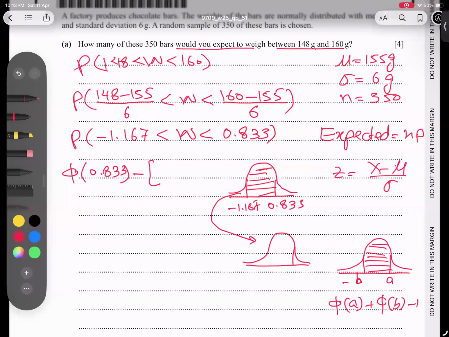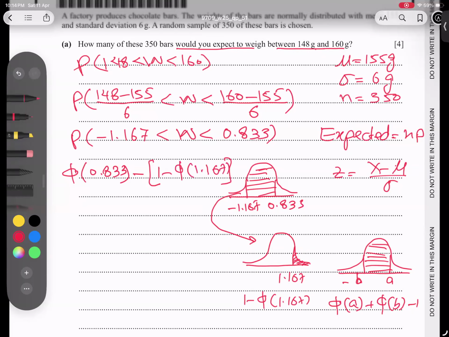How to get the white portion? I said that this area is 1.167, and I need this one. How to get this? Phi of 1.167 is the white portion, so I'm looking at this one as 1 minus this. So this value will go here: 1 minus phi of 1.167.